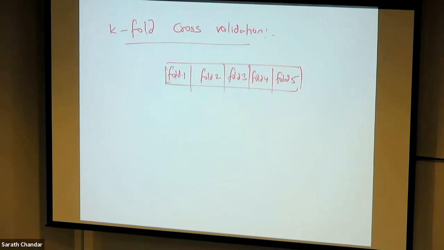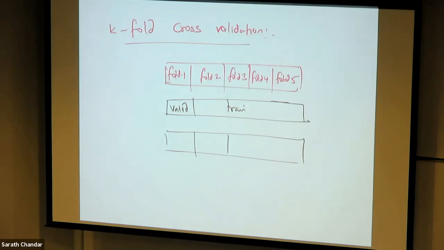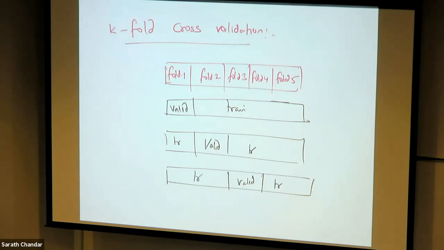So how do I do that? In the first experiment, I consider this to be the valid and this to be the train. This is the first fold. In the second fold, I consider this to be the valid and the rest to be train. In the third fold, this is valid and the rest is train.